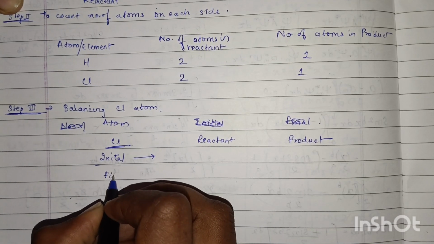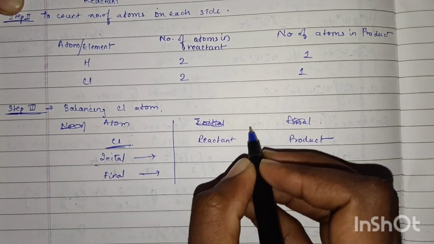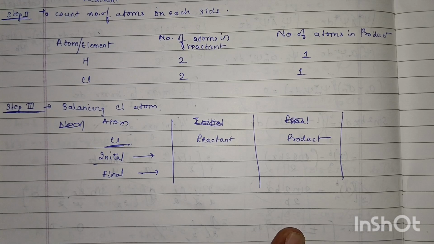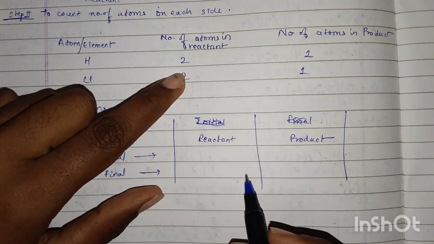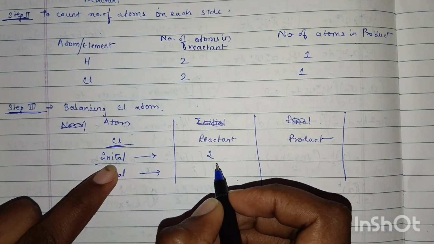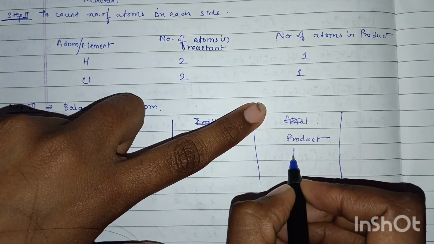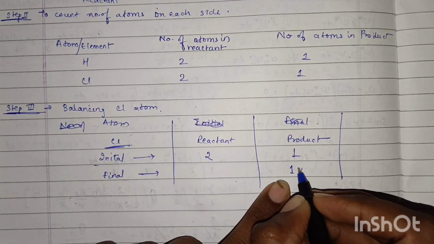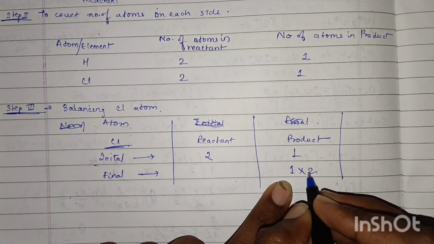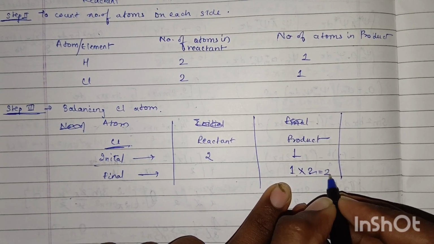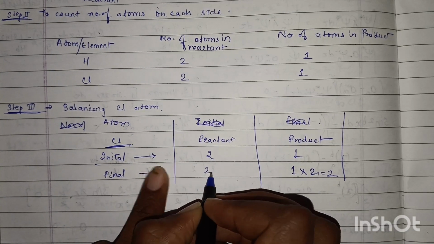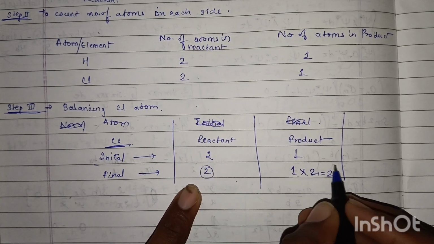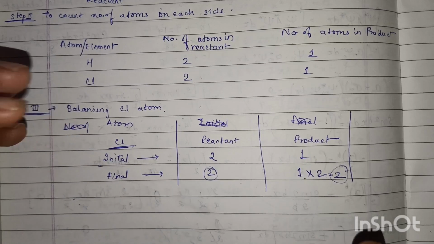Initially, how many atoms are there? In the reactant there are 2 chlorine and in the product 1. So if we multiply the 1 in the product by 2, it equals 2. Now here also 2 and here also 2, hence this equation is balanced.